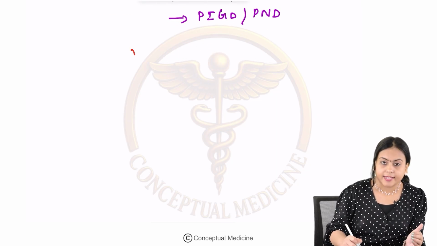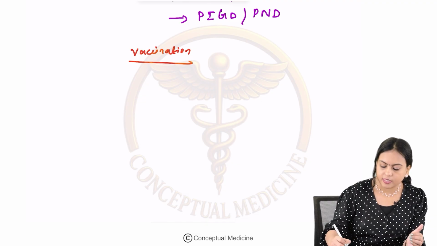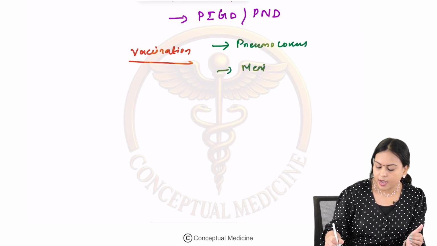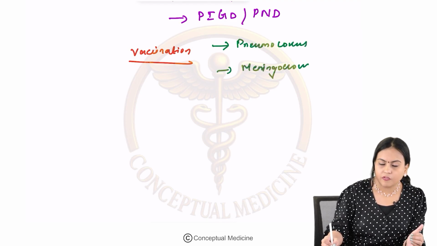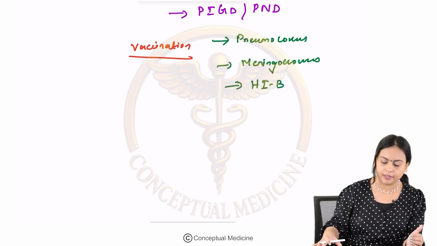Clear? And the next important step is about vaccination. You have to check her vaccination status on pneumococcus, meningococcus and Haemophilus influenzae B, it is Hib B. Clear?